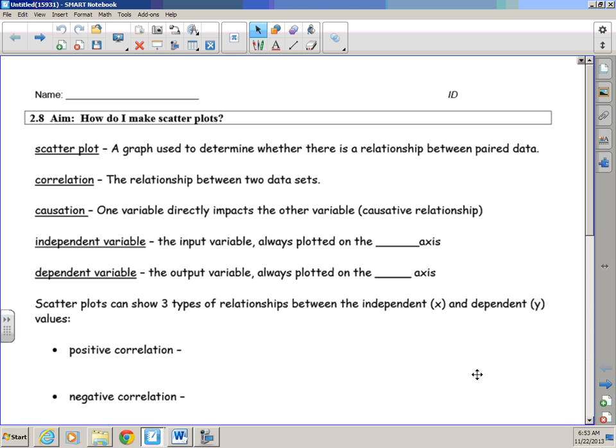Now, correlation and causation. When I give you an example, I think it'll be very simple to understand the difference between the two. Correlation is just trying to figure out, is there some sort of relationship between the two pieces of data? Causation is when one data directly causes or impacts the other. Let me give you a very simple example.